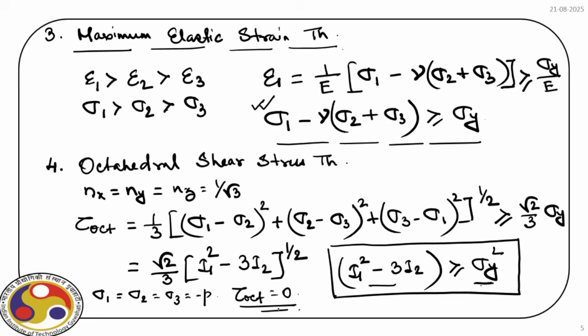So as per this theory, there will be no failure because tau octahedral is 0. Keep that in mind. In reality, material can actually withstand a large amount of stress before failure, right? So that's an interesting phenomenon that comes from the tau octahedral, or in other words, octahedral shear stress theory.